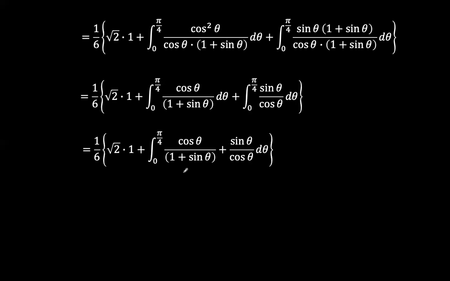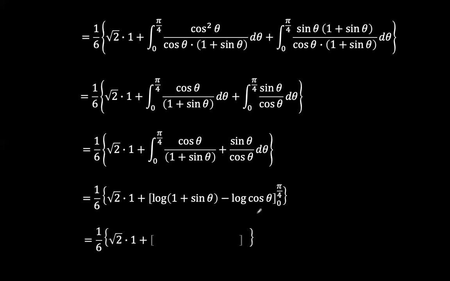Now, this integrated is the same as the natural logarithm because the numerator is the same as the derivative of the denominator, and then here the numerator is the same as the negative derivative of the denominator. So we have natural logarithm 1 plus sine theta minus natural logarithm of cosine theta.